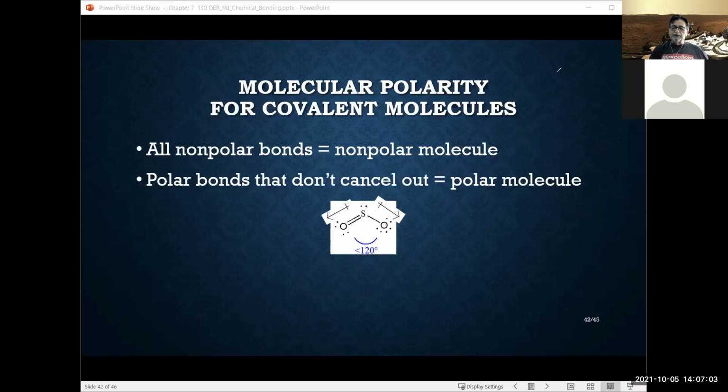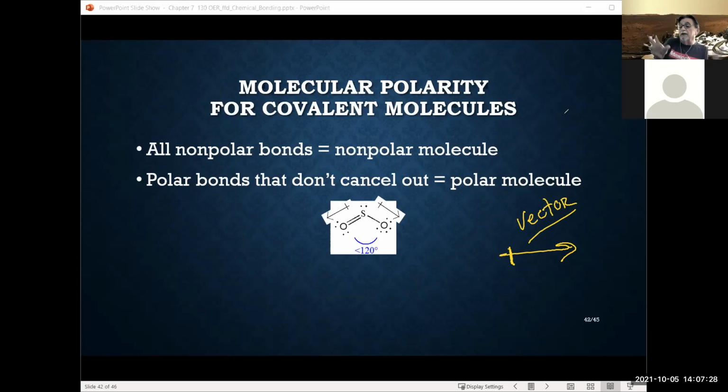Now let me explain this a little bit here because it can be a little bit confusing for people. That arrow that we used to designate the polar bond, okay? I don't want to get into the details of this, but if you're not familiar, this arrow represents what we call a vector.